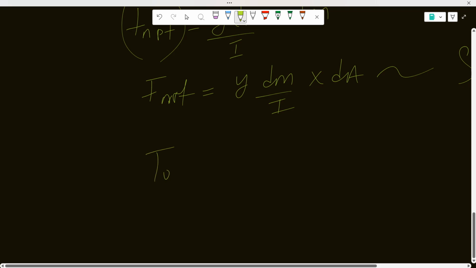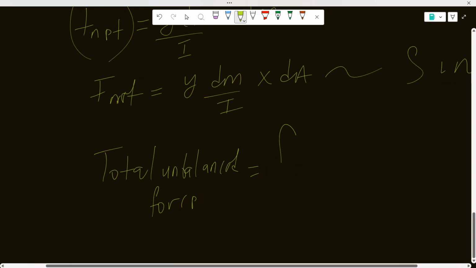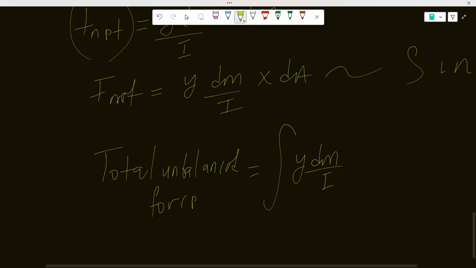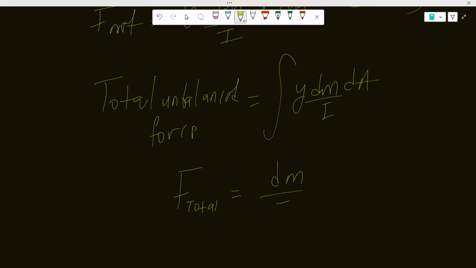So the total unbalanced force will be equal to the integral of y dM over I dA. So our F total will be equal to dM over I times the integral of y dA.